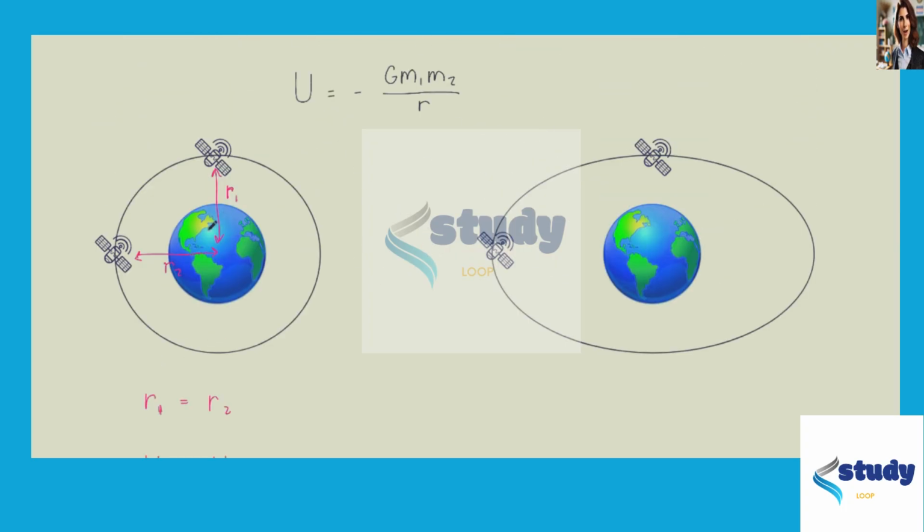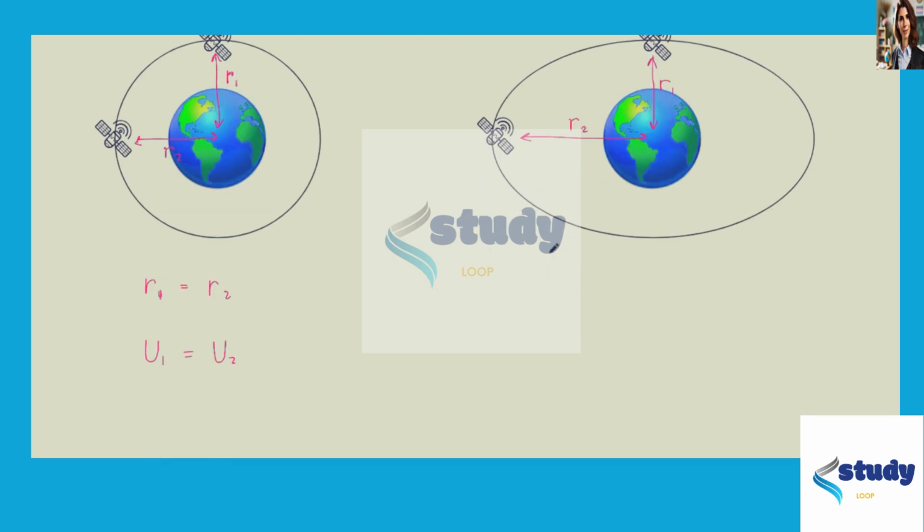But what happens if the orbit of the satellite is elliptical? Well, let's look at the first case. At the closest approach, we'll call the radius of the orbit r1. At the longest approach, or the furthest distance in its elliptical orbit, we'll call the distance of the satellite to the center of the Earth r2. Now we can clearly see that r1 is less than r2.